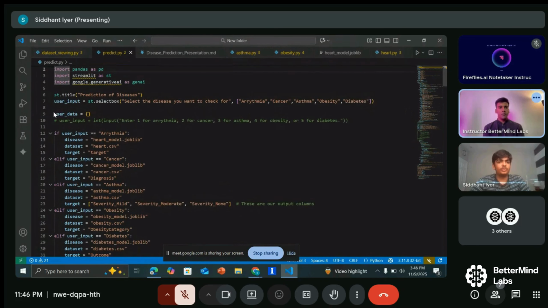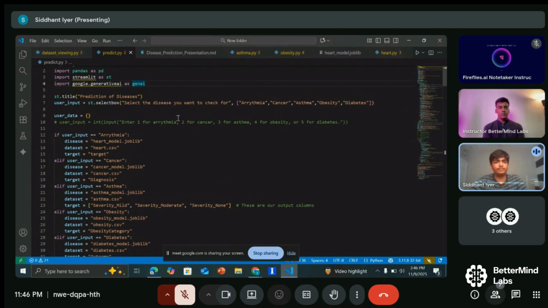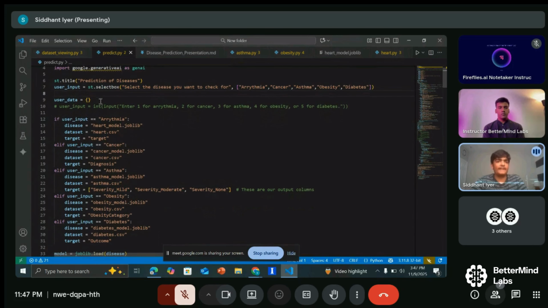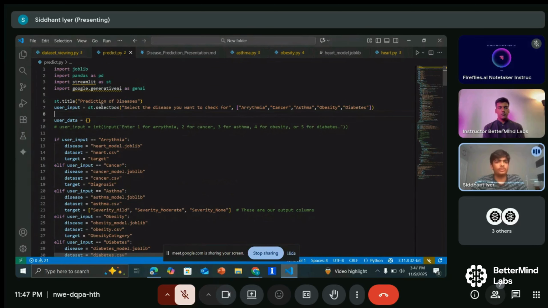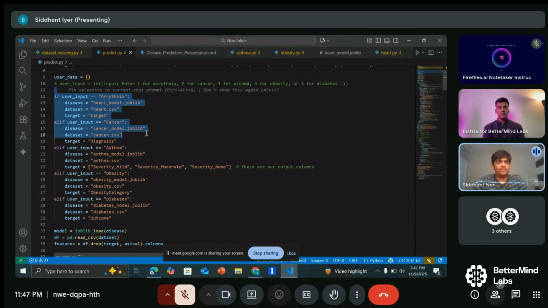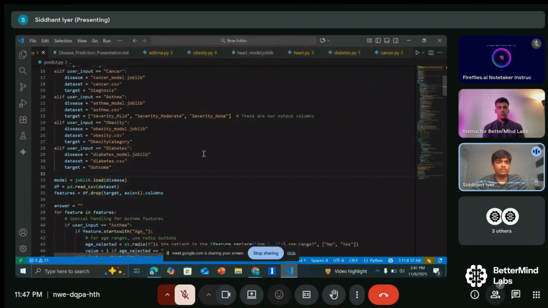We imported the libraries. We created the Streamlit select box for the diseases. All of these data sets we inputted from these 4 or 5 individual models.